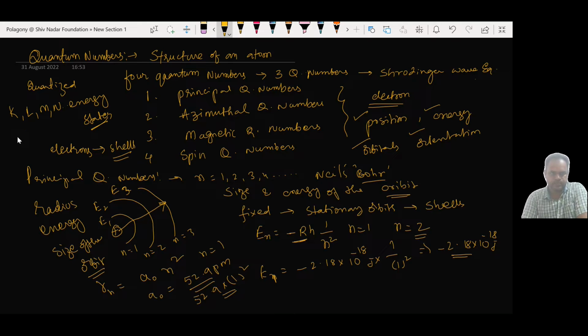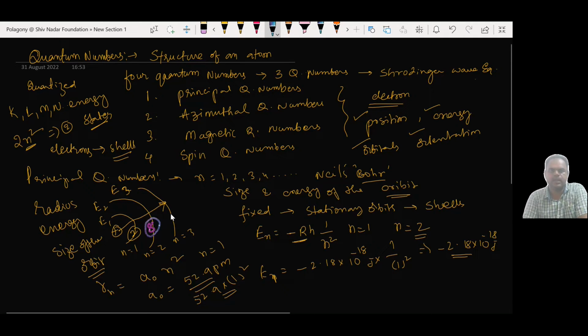For each shell, using the 2n square formula, where n is equal to 1, the number of electrons is 2. For n equal to 2, 8 electrons, for n equal to 3, 18 electrons, and in the fourth orbit, the number of electrons accommodated is 32.